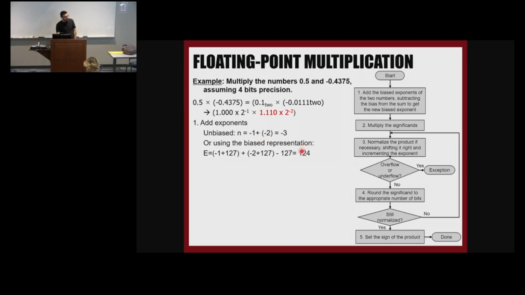So 124, we add the exponents, and then we have to multiply the significands. When you multiply the significands, again, we don't care about the sign at this point. Sign is handled separately, so everything that we're doing here is unsigned numbers. We have the numbers 1.000 and 1.110, so we have two 4-bit numbers.